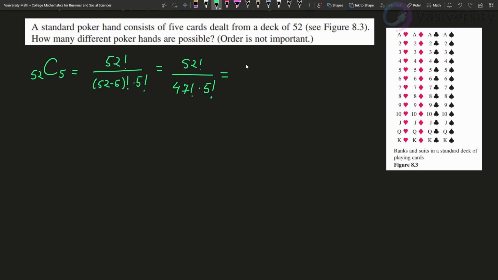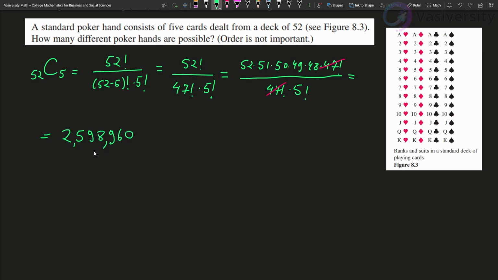So we're going to have 52 times 51 times 50 times 49 times 48 times 47 factorial, all over 47 factorial times 5 factorial. So 47 factorial cancels out. 5 factorial is 120. And that is equal to 2,598,906. So there are plenty of ways you can draw a standard poker hand of 5 cards.